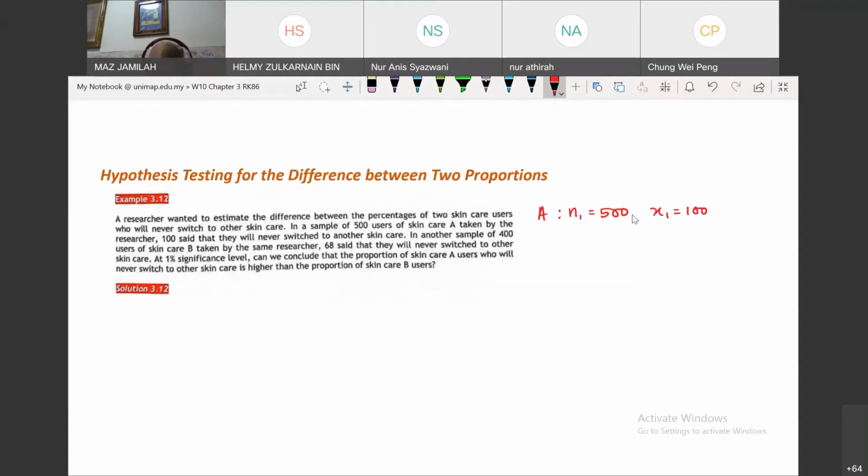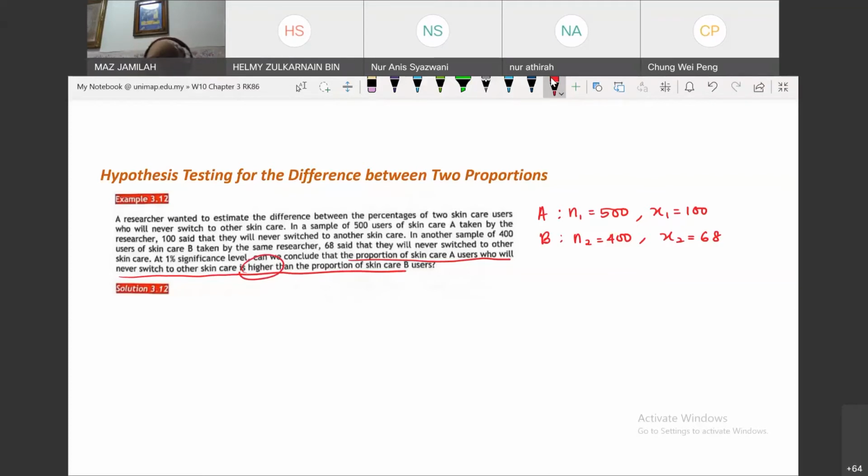Another sample of 400 uses skincare B, so n2 is equal to 400. Out of 400, 68 say they will never switch, so x2 equals 68. At the 1% significance level, can we conclude that the proportion of skincare A users who will never switch is higher than skincare B?